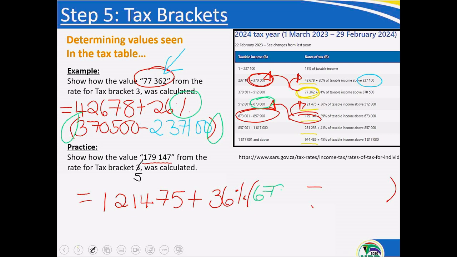Remember, we are using information from the tax bracket above to help us with our answer. So, our calculation is almost complete at this point. We just have one space at the end. So, what do we put there? Well, we take the answer, we take the tax rate, and we apply this to our answer.